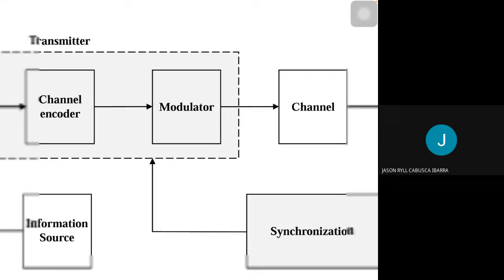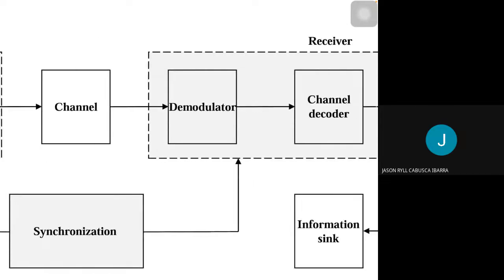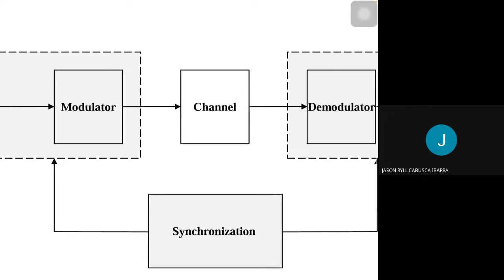So this is what we call a modem. If this is exactly the same circuit as the demodulator, meaning it can modulate and it can also demodulate, then we call it a modem.